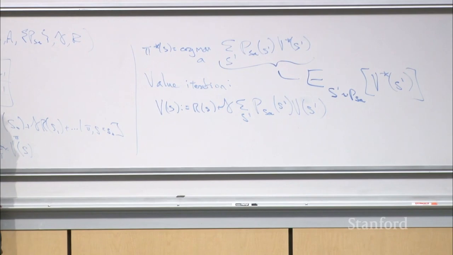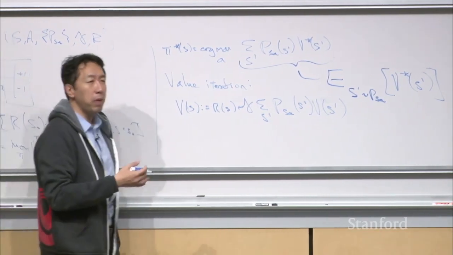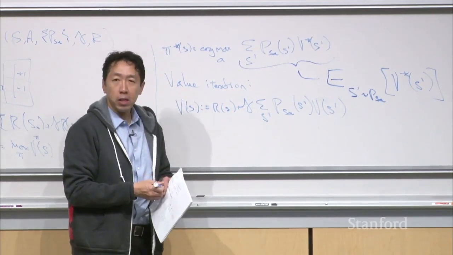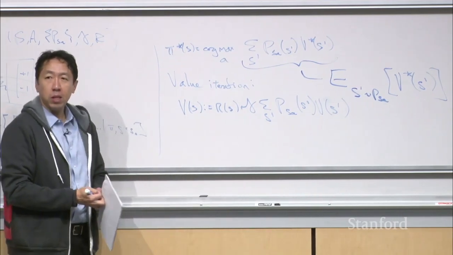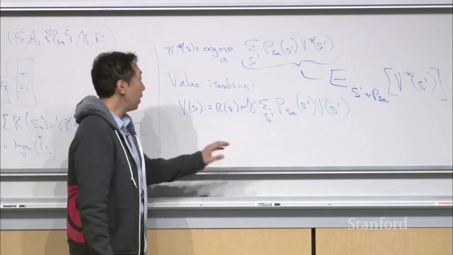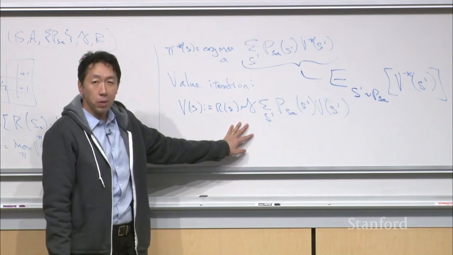Okay? And then we saw the value iteration algorithm. We talked about value iteration and policy iteration, but today we'll build on value iteration. The value iteration algorithm uses Bellman's equations, which says take the left-hand side and set it to the right-hand side. If V was equal to V star, the left-hand side would equal the right-hand side.